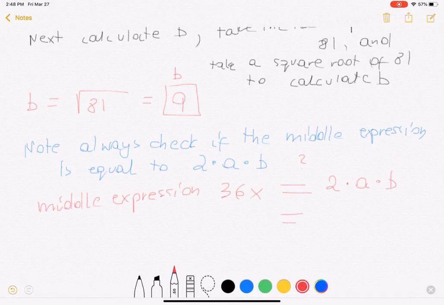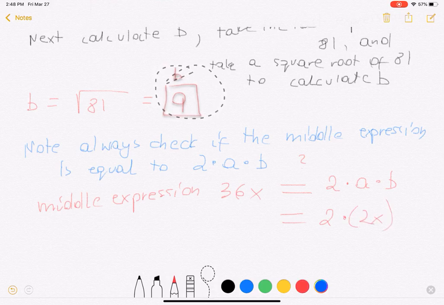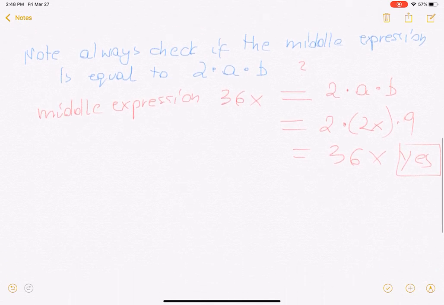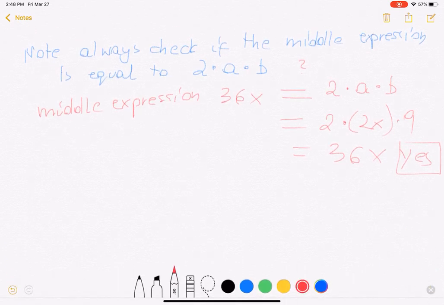So I'm checking if this is equal to 2 times 2x times 9. We get 2 times 2, 4, times 9, 36x. Yes. So when you check that condition, you know that you have a perfect trinomial, so we can rewrite it. Yes, we have a perfect trinomial.